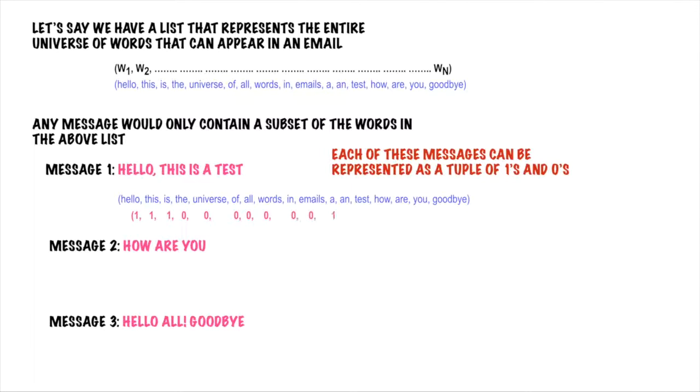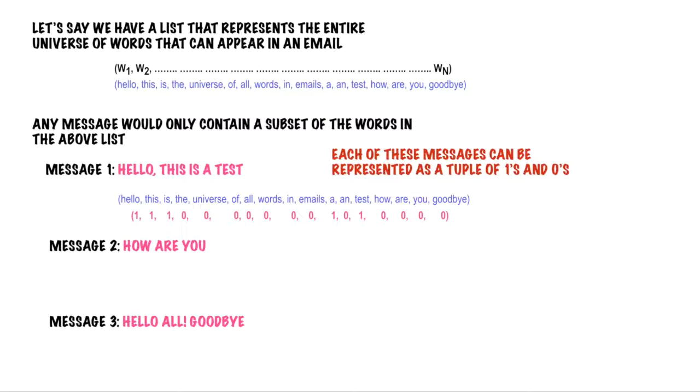Each of these messages can be represented as a tuple of ones and zeros. I have represented the first message here. Basically, each element in this tuple represents whether the word i is present in this email or not. So 1 means the presence of a word, 0 is the absence of a word.